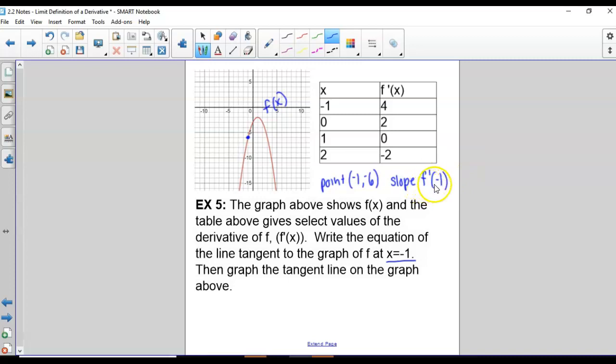So that means the x value you're plugging in is -1. The f prime is the y value that you get out. So x equals -1 here. The y value that goes with that is 4. So that is the derivative of the function at -1. So we would get 4 for the slope.